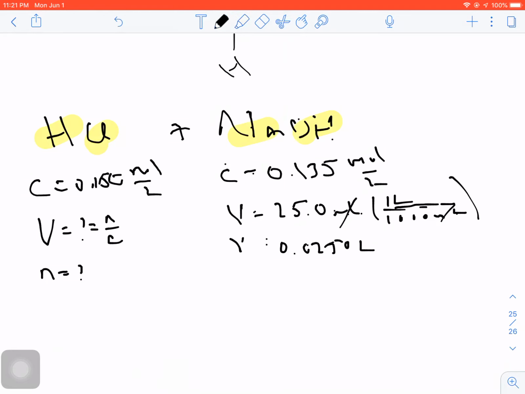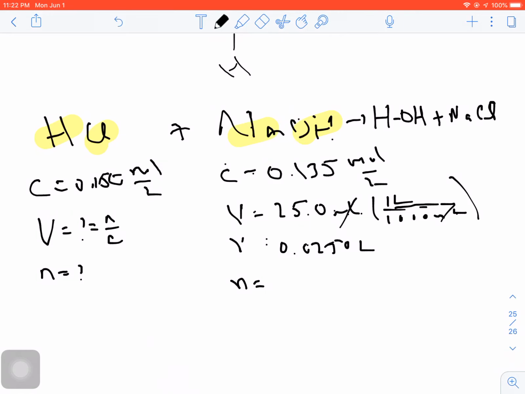So if I was to write in my products here, I would get HOH, or H2O, and NaCl. And it's a 1 to 1 ratio. So the number of moles of NaOH that I have will have to equal the number of moles of acid. And I will do that on the test also.